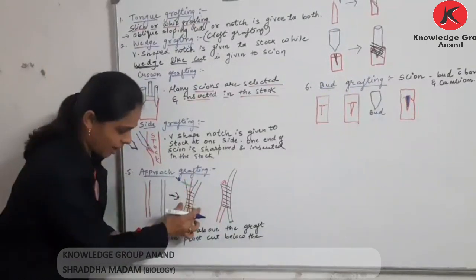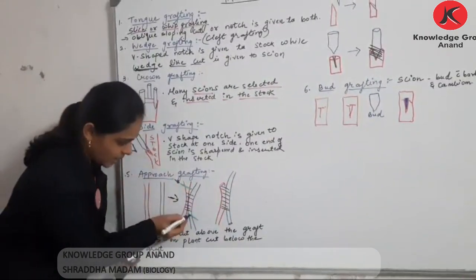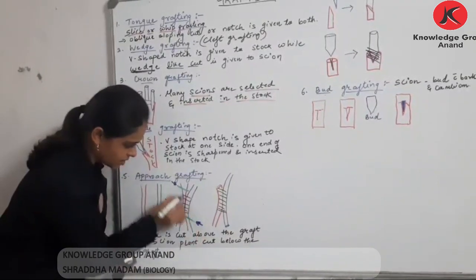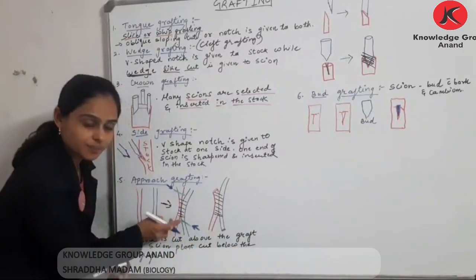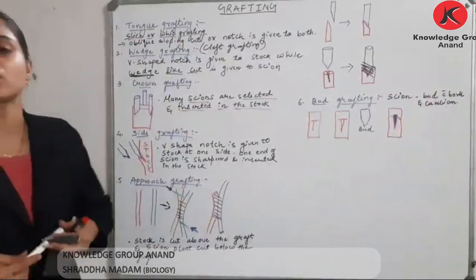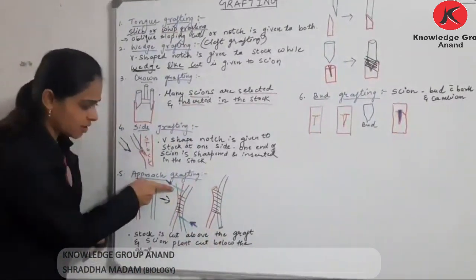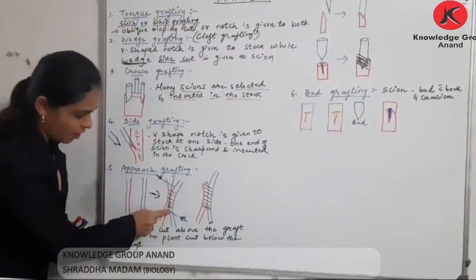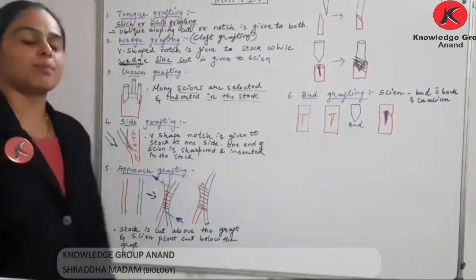This is your graft, so where did I cut the stock? Above the graft. And the scion, as you can see over here, is cut below the graft. This is very important in the case of approach grafting. So the stock is cut above the graft and the scion plant is cut below the graft. So this is your approach grafting.